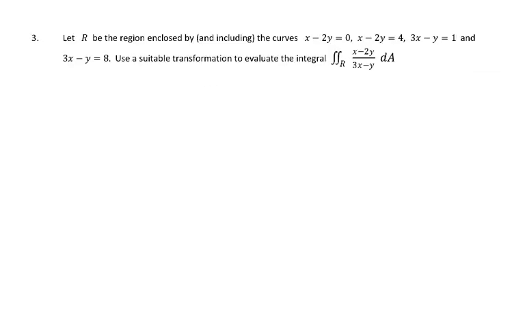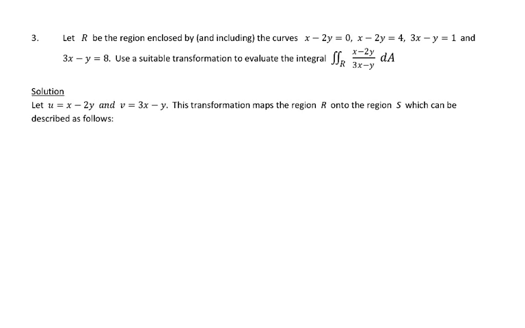In problem number 3, you must use a suitable transformation to evaluate a given integral. The question always is, what is a suitable transformation? Let's have a look. As you can see, the curves that are given, as well as the integrand that is given, both contain the expressions x minus 2y and 3x minus y.